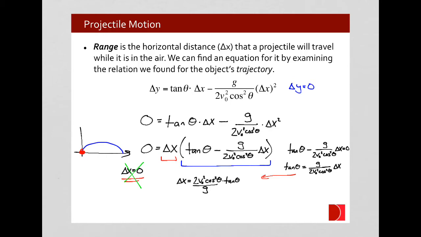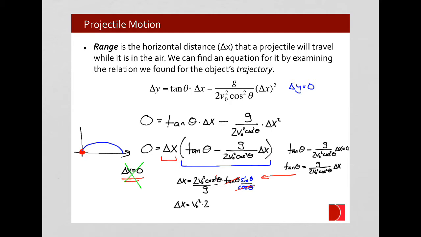Now, one thing to note here, that tangent is actually a sine theta over cosine theta. And so that cosine theta on the bottom will cancel one of the cosine thetas on the top. And if we write our delta x, we will reorder it a little bit.